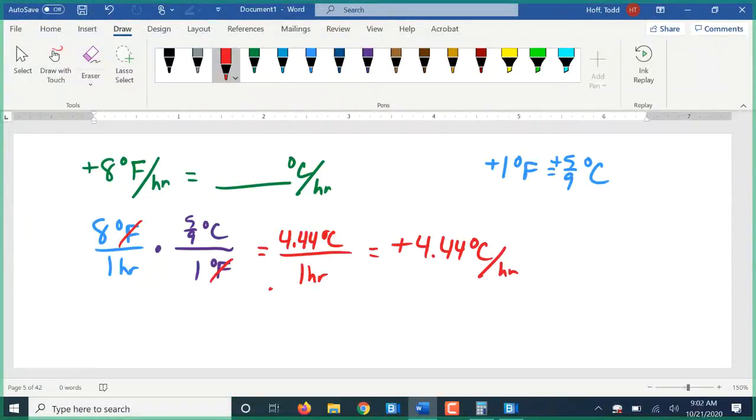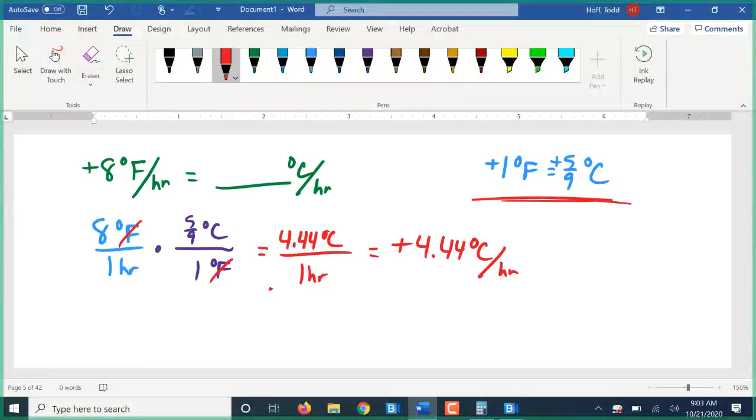Now again, we're not talking about a raw temperature. We're talking about a change in temperature here. So when we're looking at a change in temperature, a distance moved up or down the temperature scale, we can just use that equivalency because we don't have to worry about the 0 point.